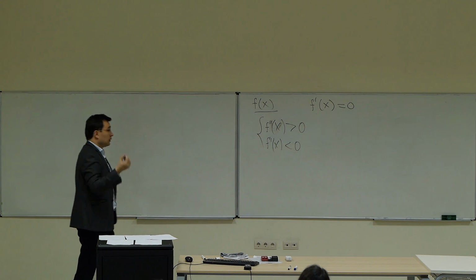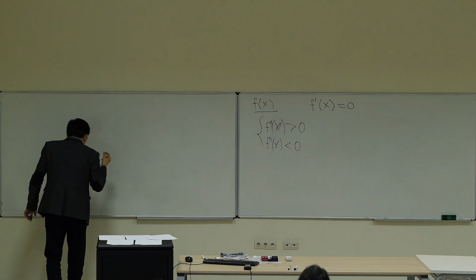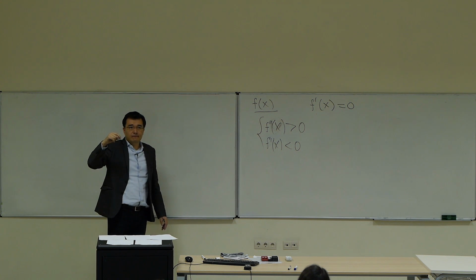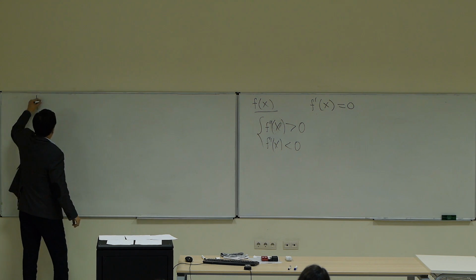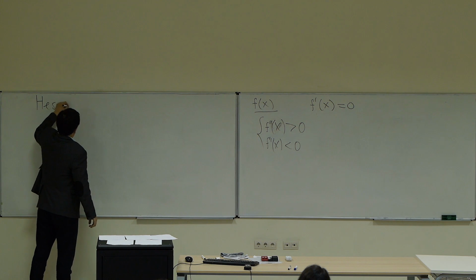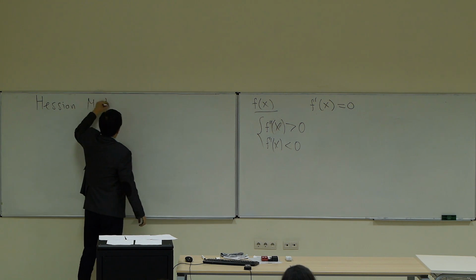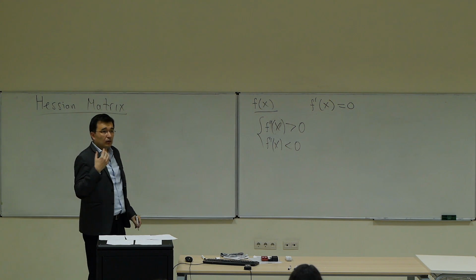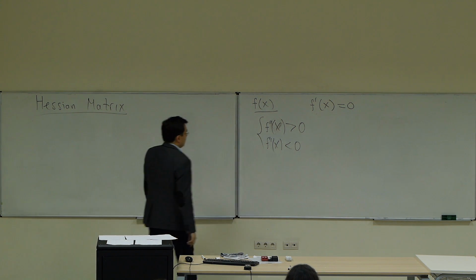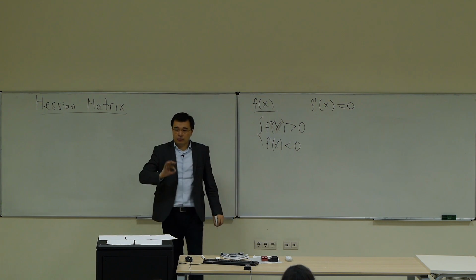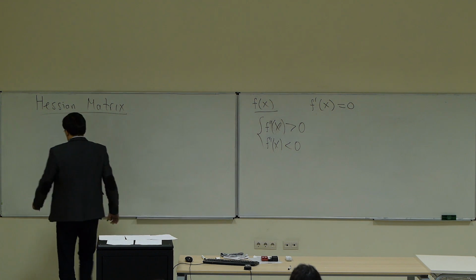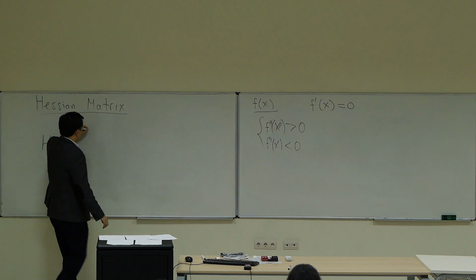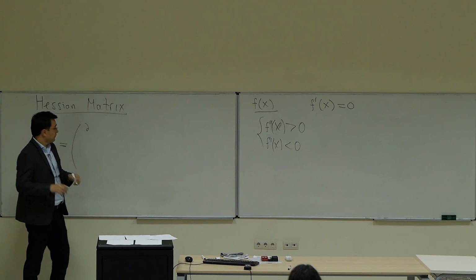In that situation, people introduced a mathematical tool in order to find out what you have. It's called the Hessian matrix. This matrix allows us to analyze what we converged at. Basically, it's a matrix which consists of second derivatives of this function. The notation is usually H, and it is a 2x2 matrix.